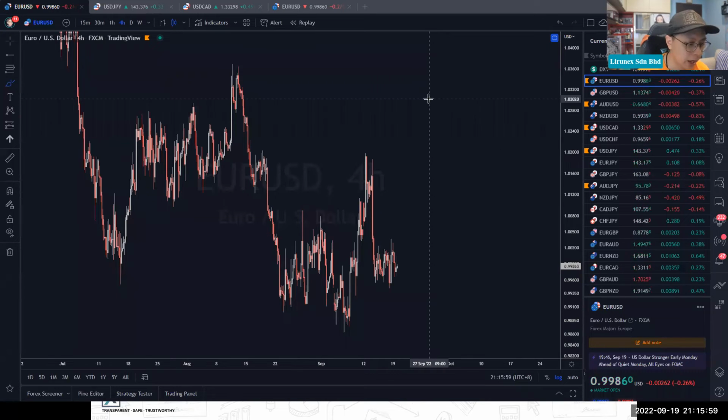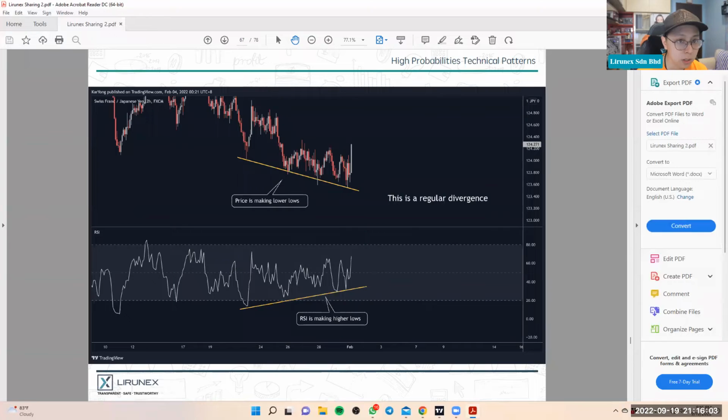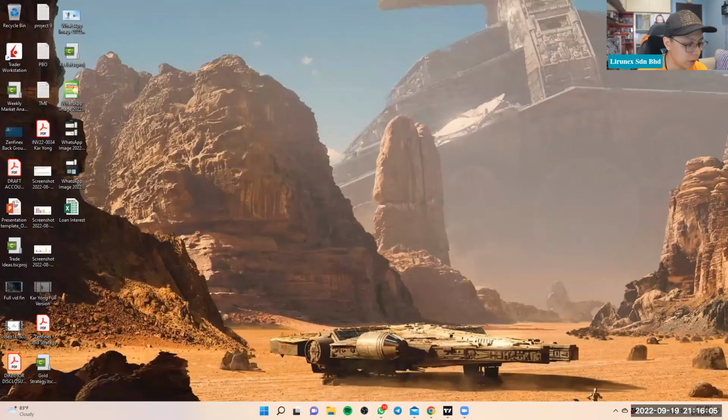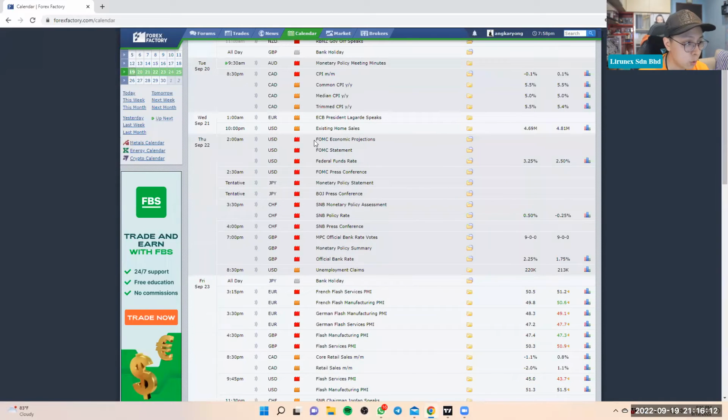For example, if you take a look at this week's event calendar, especially on Thursday, we do have a lot of fundamental data coming in. You have the FOMC statement, Fed's fund rate, the Bank of Japan monetary policy statement as well, the SNB, and then the Bank of England.